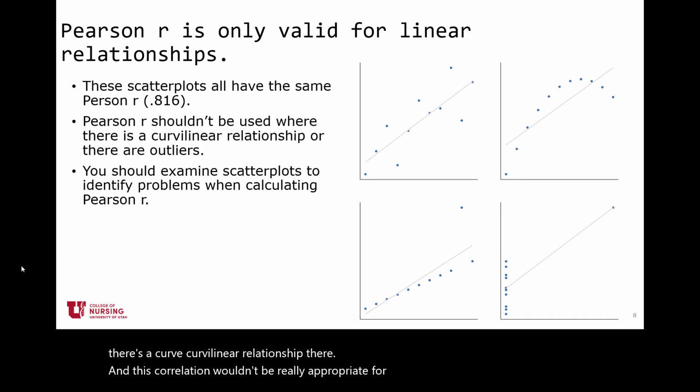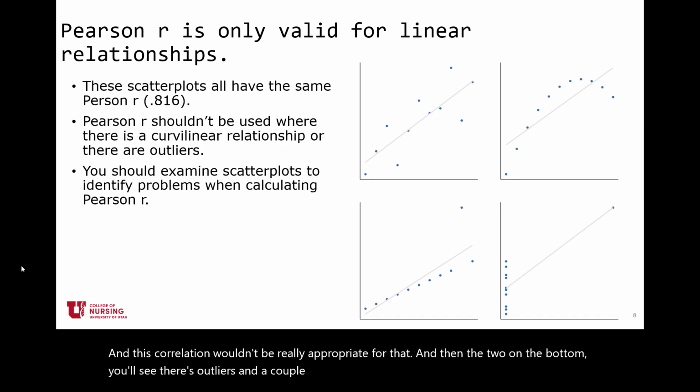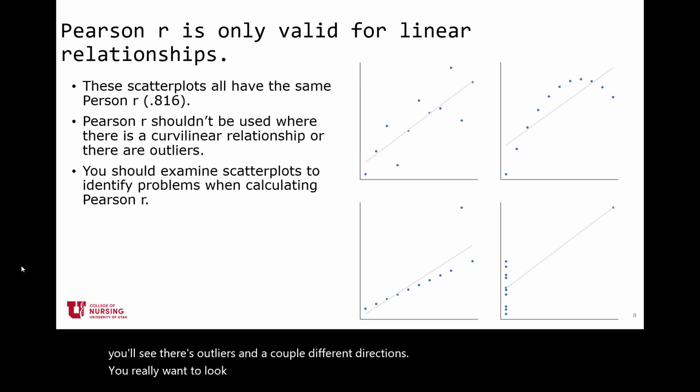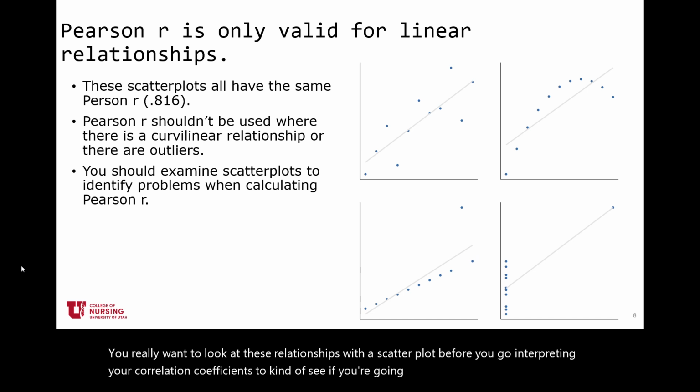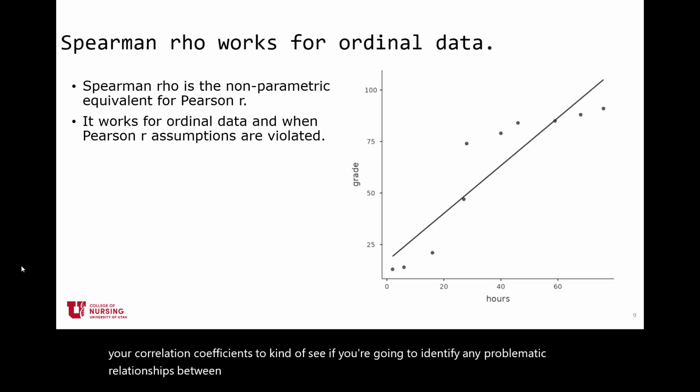And the two on the bottom, you'll see there's outliers in a couple different directions. So you really want to look at these relationships with a scatter plot before you go interpreting your correlation coefficients, to see if you can identify any problematic relationships between the variables.